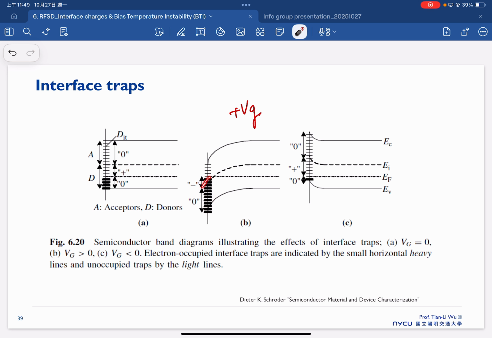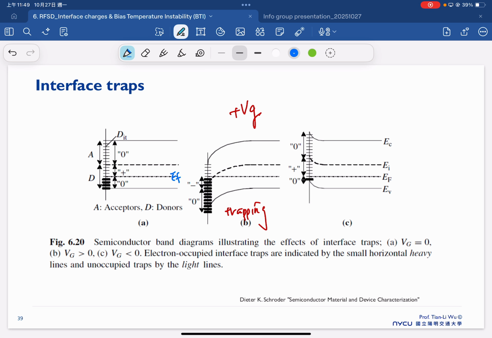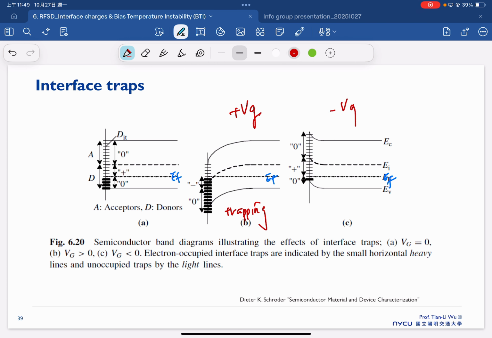That causes this additional trapping here. And similarly, if you apply a negative gate bias, you will see this allowed energy state is above our EF. That means we are doing the detrapping. We try to empty this energy state. That's what we call the detrapping.